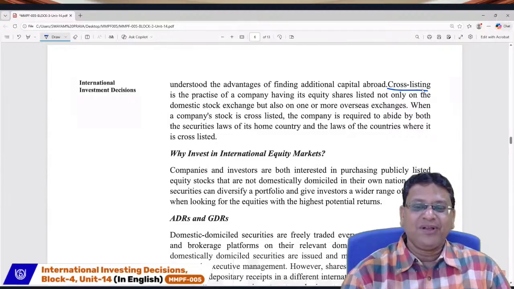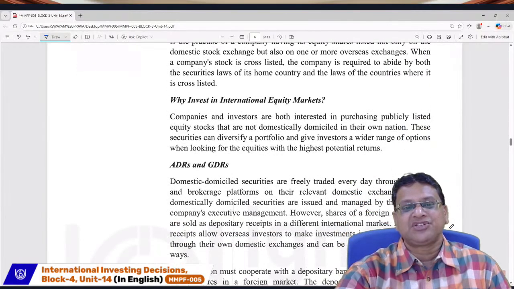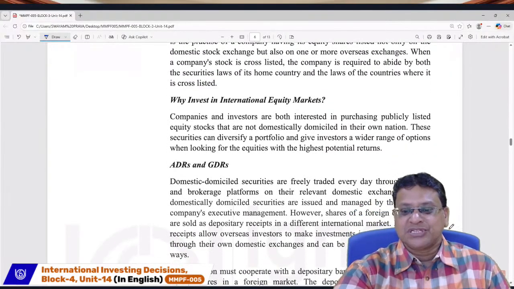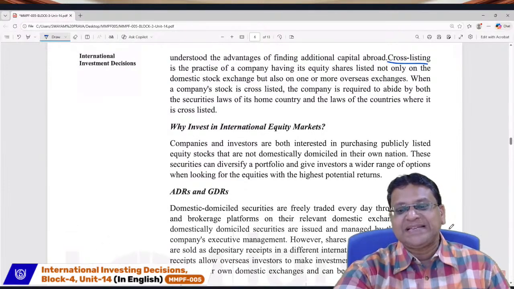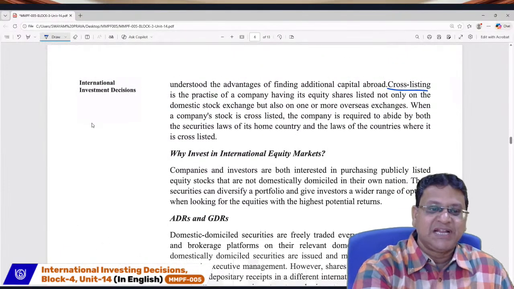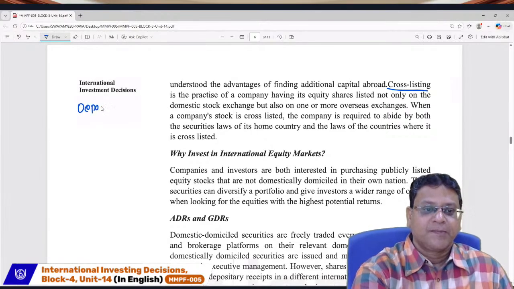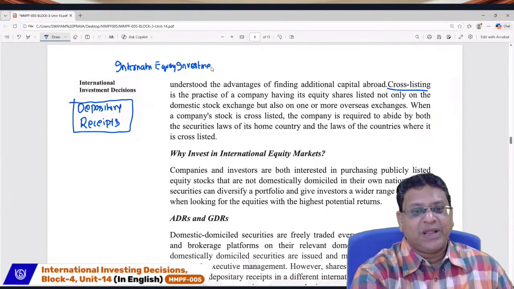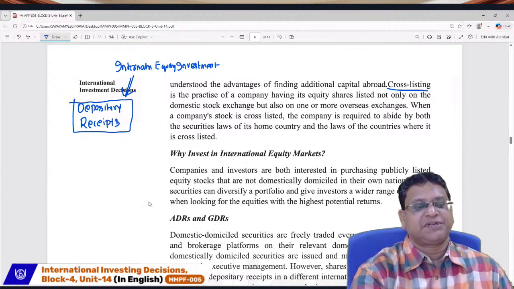Now we will discuss how international equity investments are done. International equity investments are done with a concept known as depository receipt. What is a depository receipt?